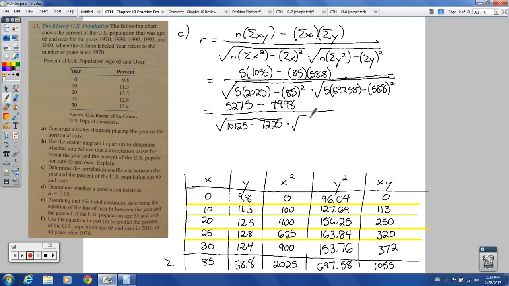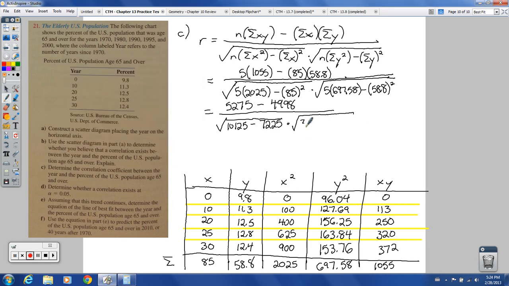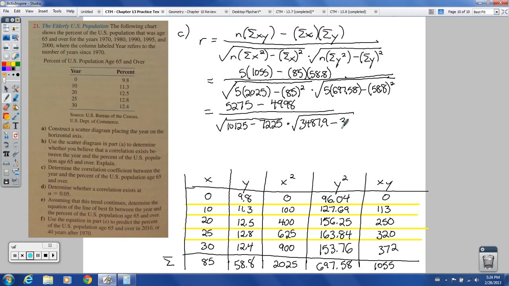So we have this times, it's a decimal right there, 5 times 697.58, 3,487.9 minus 58.8 squared, 58.8 times itself, that's 3,457.44.